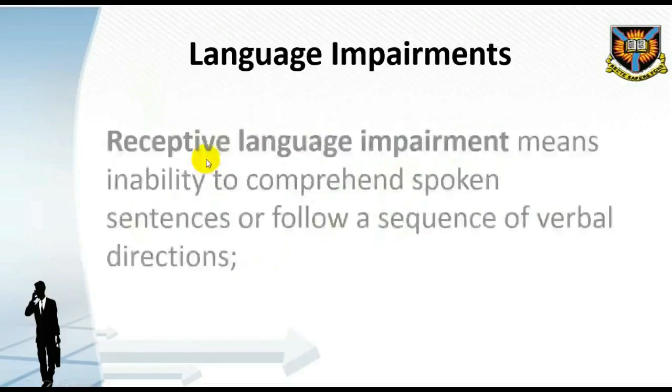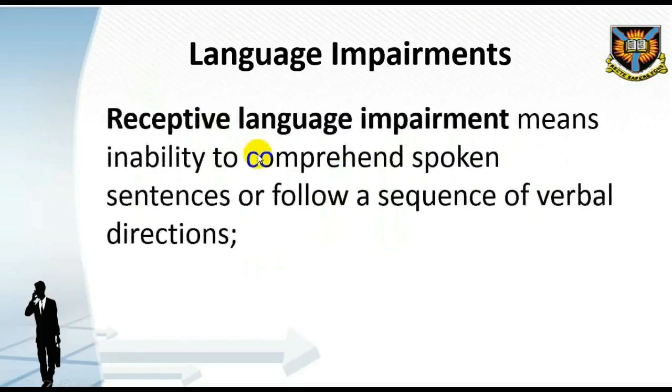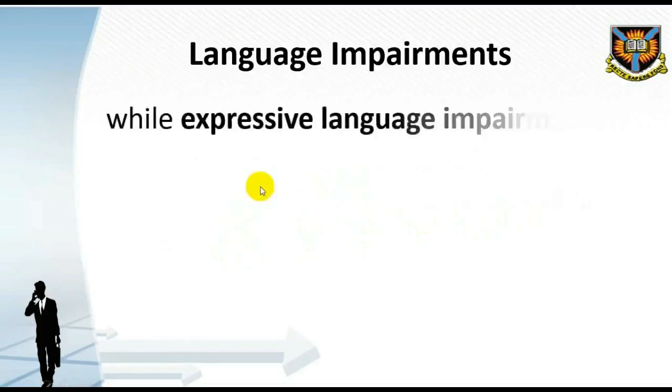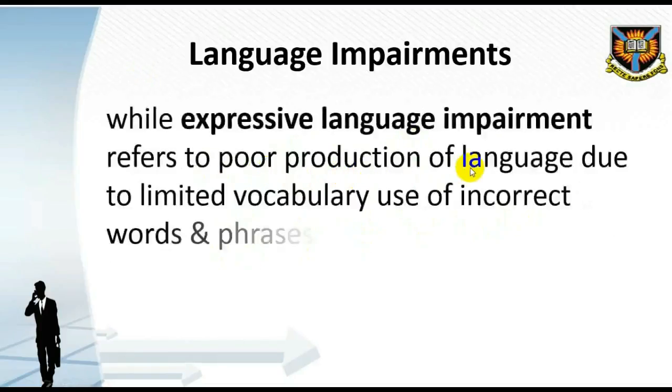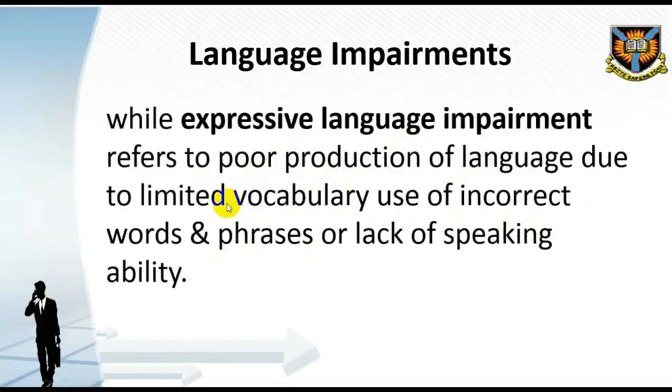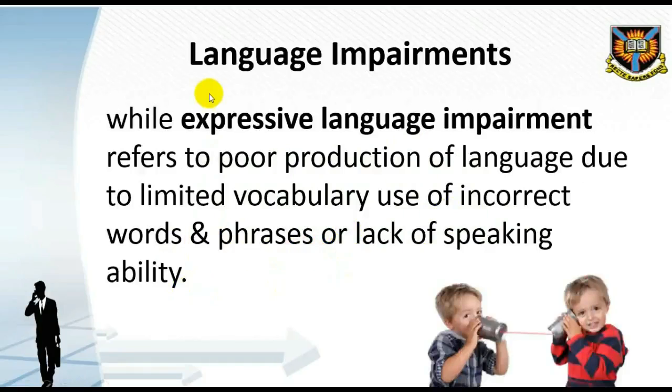Receptive language impairment means inability to comprehend spoken sentences or follow a sequence of verbal directions, while expressive language impairment refers to a poor production of language due to limited vocabulary, use of incorrect words and phrases, or lack of speaking ability. Causes of language impairment.